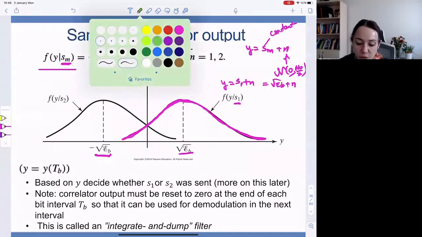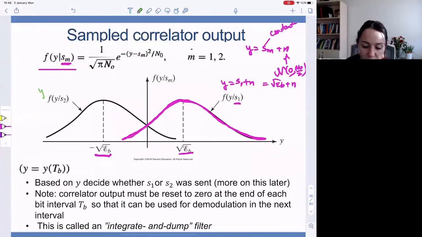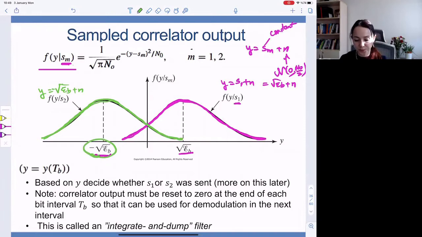If S2 was sent, y is negative square root of Eb plus n. So the conditional PDF under the condition that S2 is sent is going to be centered around negative square root of Eb.